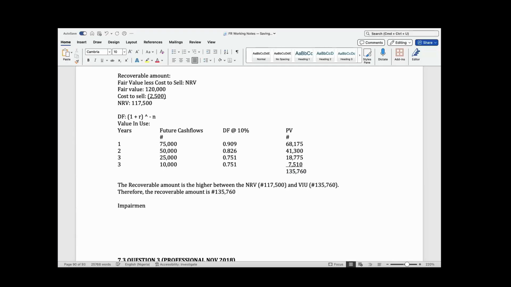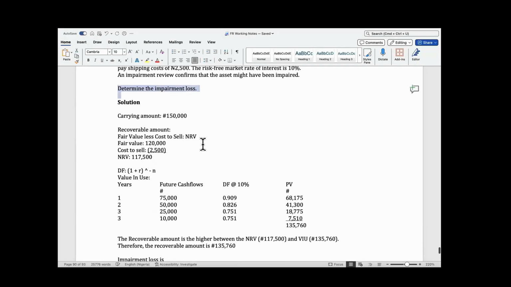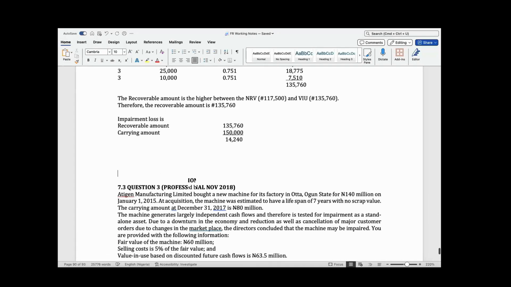So the impairment loss is: I have my recoverable amount and my carrying amount of how much? 150,000. What's the difference? 14,240. So that's all this question wants us to do, and that is what we have done exactly.